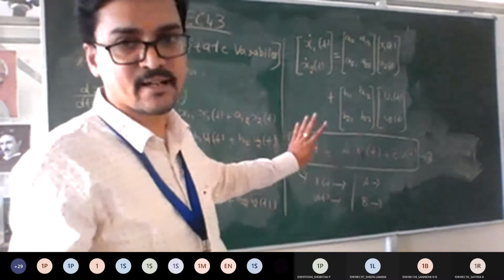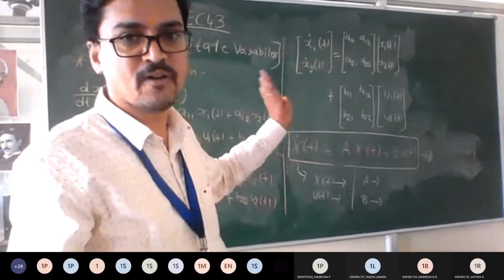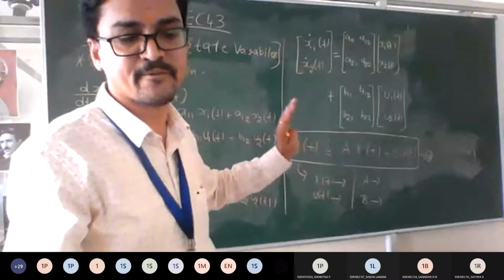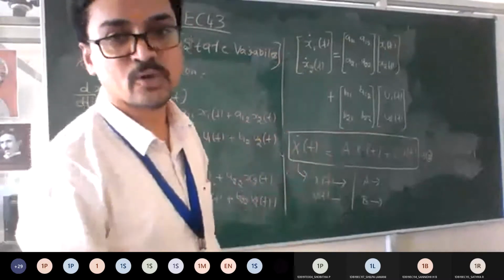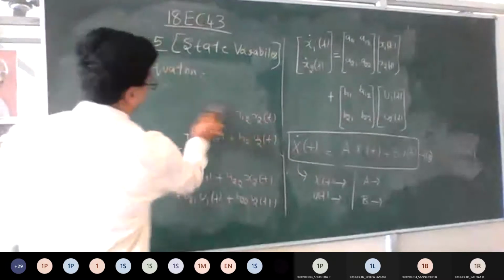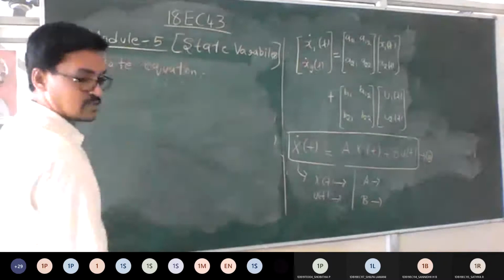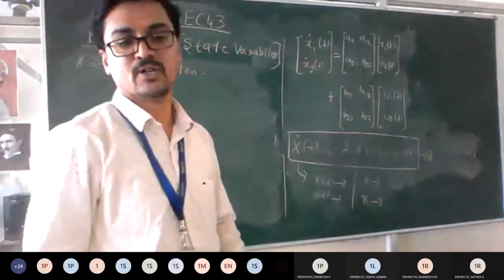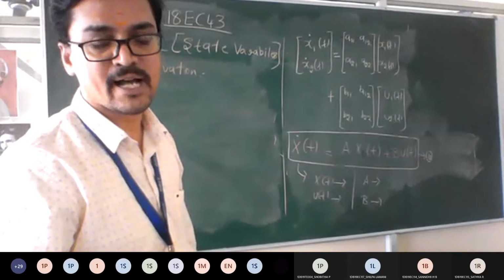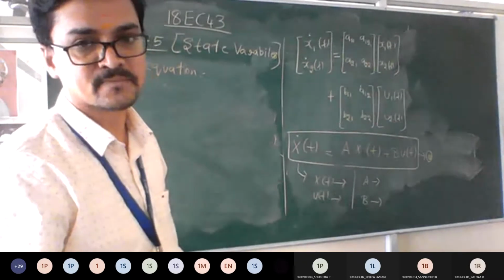So once this much is done, what is the ultimate goal of state model, guys? It is a combination of output equation and state equation. So we have to conclude the derivation. Therefore, two vector equations together are called as state model of linear system.